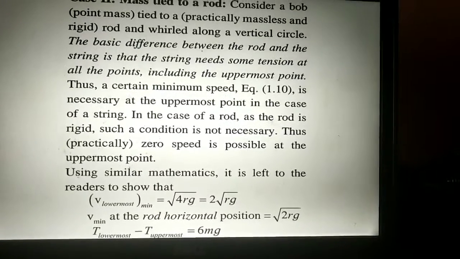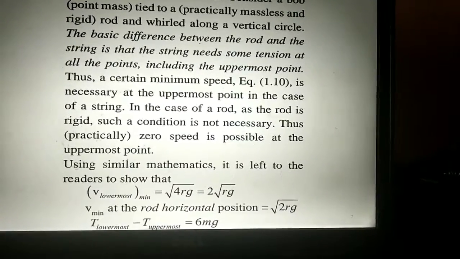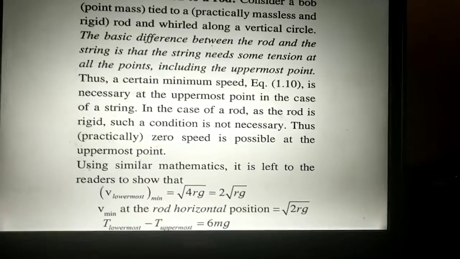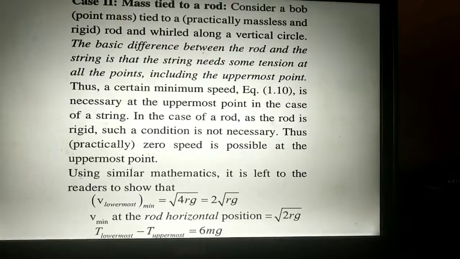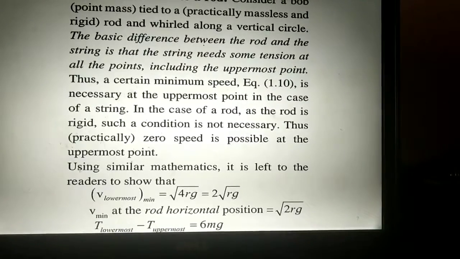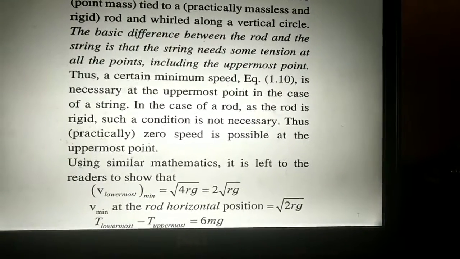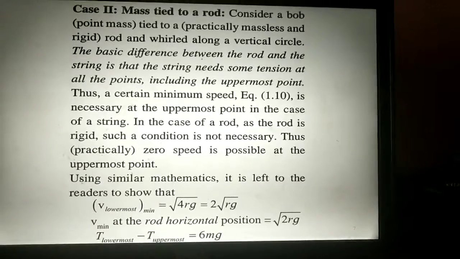The minimum at the rod in the horizontal position will be velocity under root 2 rg, and the difference between the tension at the lowermost and uppermost will come out to be 6 mg.